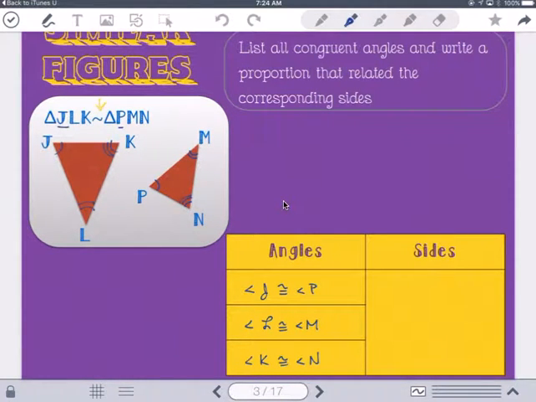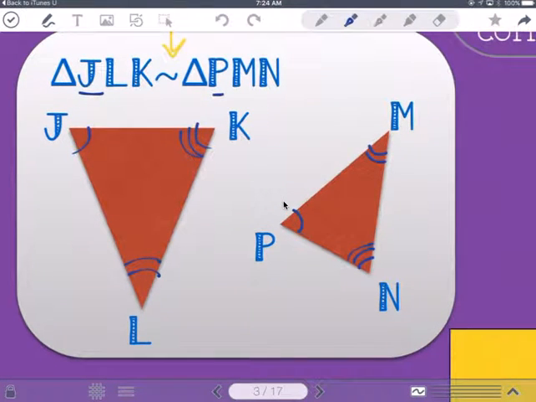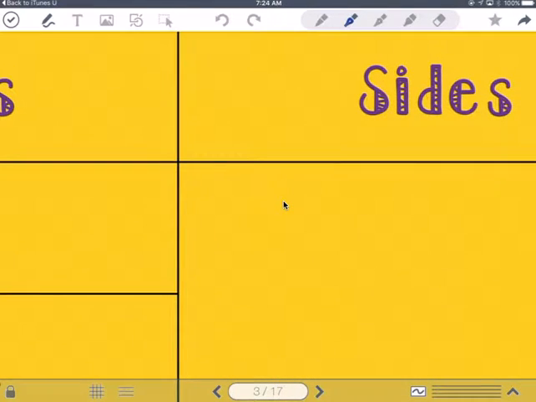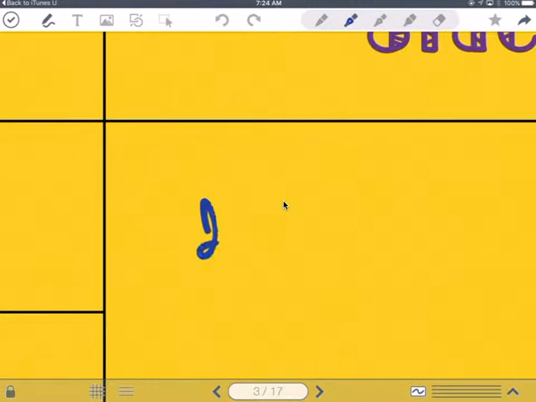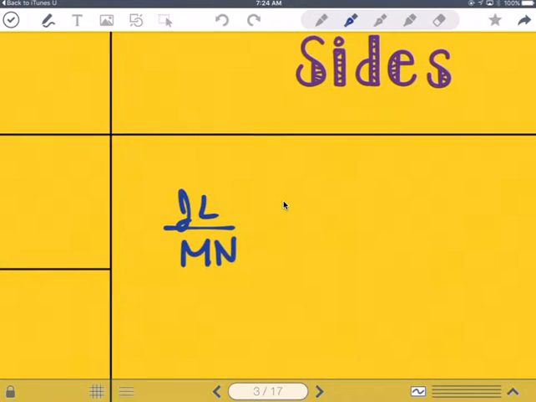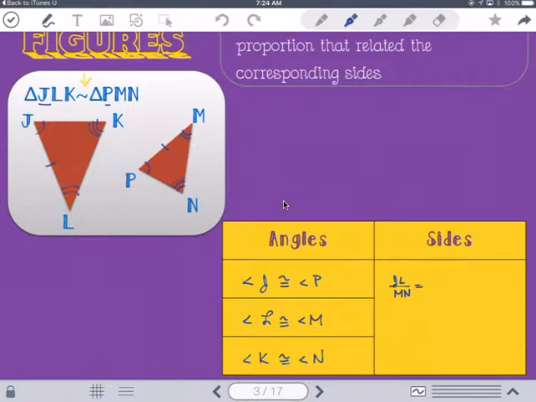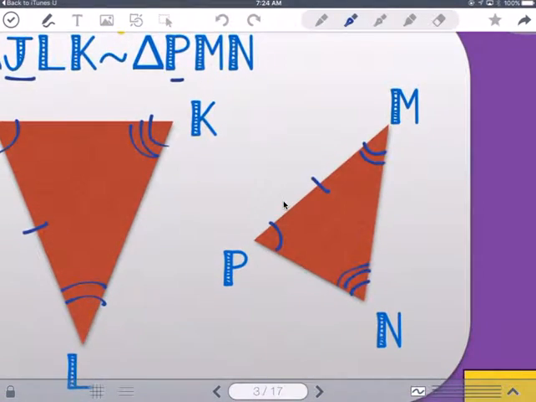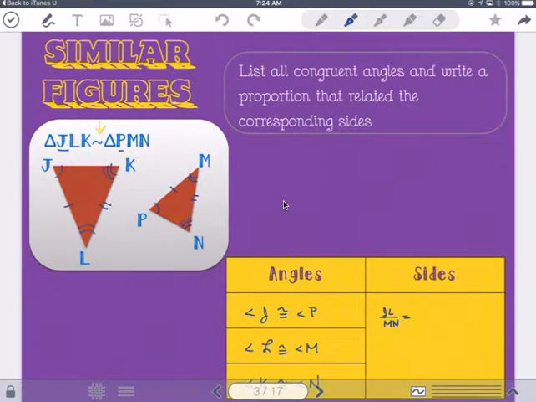To do a proportional statement, you have to relate all the sides. So let's start with JL and MP. Okay, that needs to be equal to the next one, which is going to be LK and MN.